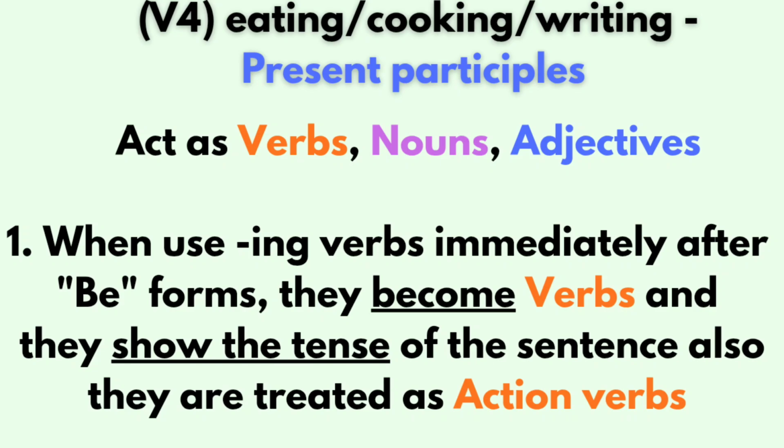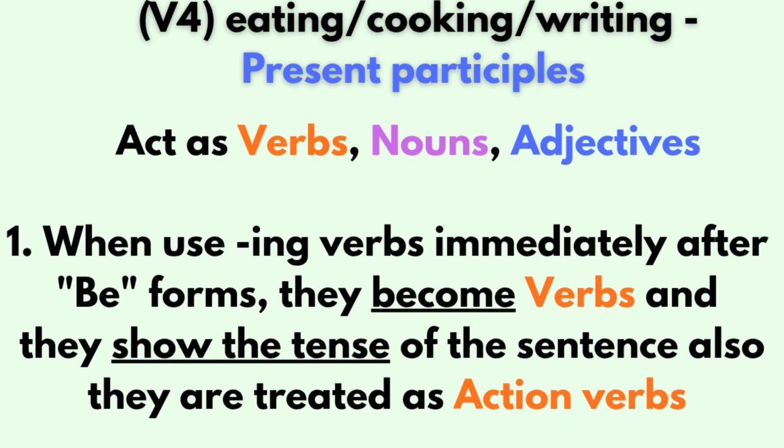First of all, before we get into examples, we have to know the definition. So we all know be forms: am, is, are, was, were, will be. These are be forms. When we use the ing form of verbs after be forms, they become verbs. That is the definition of present participle in terms of verbs. And they show the tense of the sentence. Also, they are treated as action verbs. For example, we have continuous tenses, right?